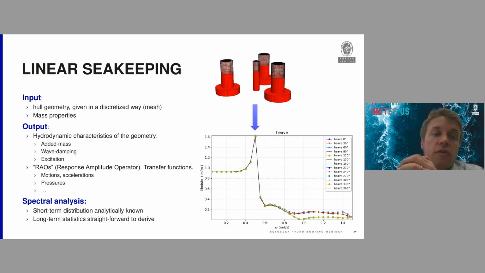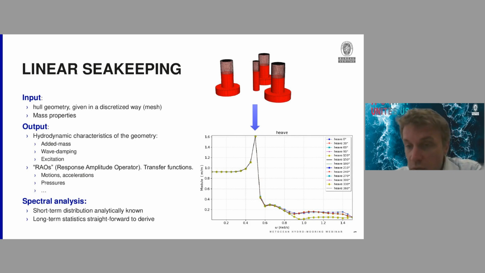RAOs means response amplitude operator, but we could also call that a transfer function. It can be a transfer function of motion, acceleration, pressure, hull girder loads. And on the graph on the bottom right, you see a transfer function of heave of a floating unit.